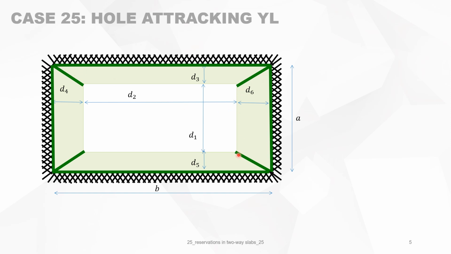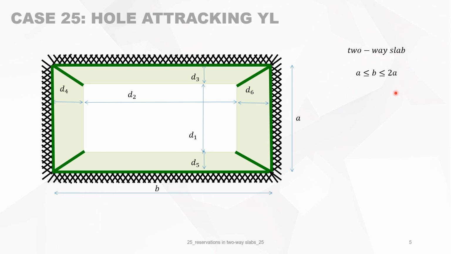So that's how we can draw the four yield lines. We must take care of this method because when D3, for instance, is too small, then the yield line is not realistic. Or when D6 is too small, or D5 or D4. It's only valid when D3, 4, 5, and 6 have a reasonable dimension.